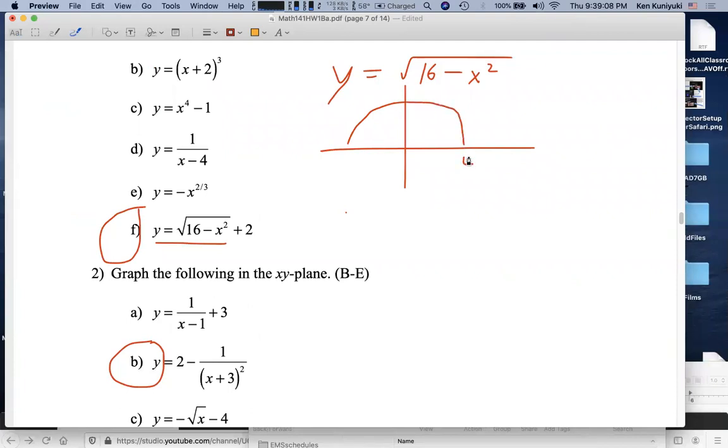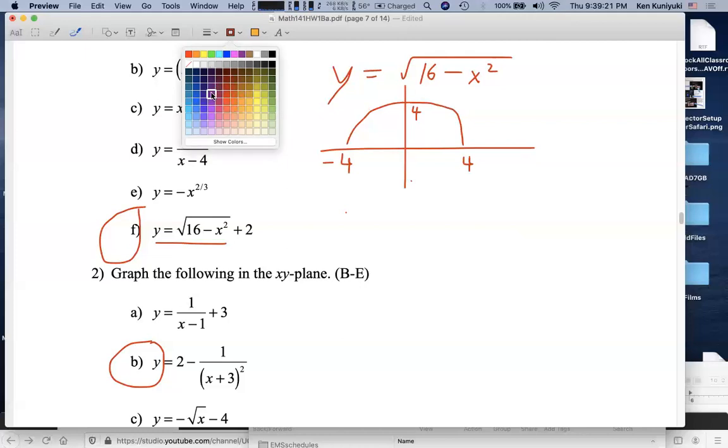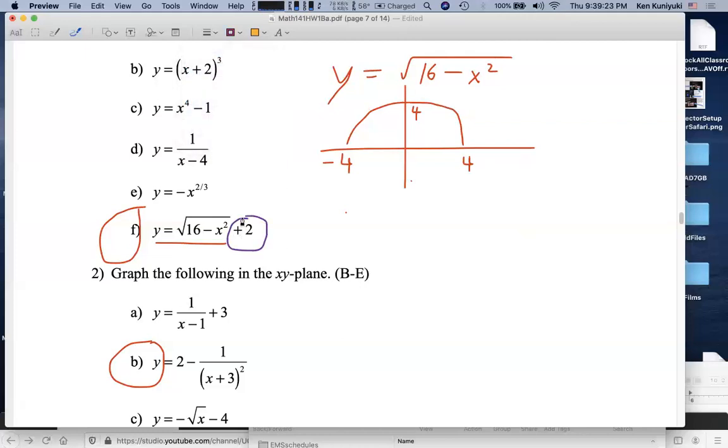The radius of the full circle was 4: 4 here, negative 4 here. So it is an upper semicircle. But wait, we're adding 2. What impact does the plus 2 have on the graph? It shifts it up 2. I'll draw it down here.